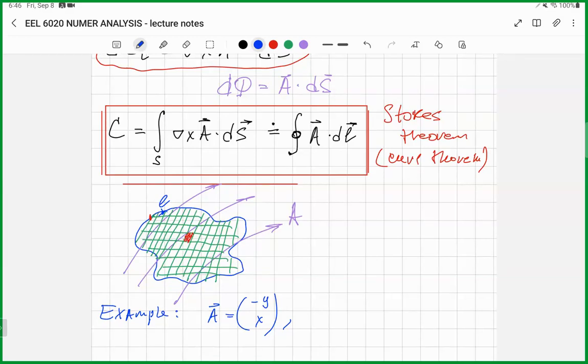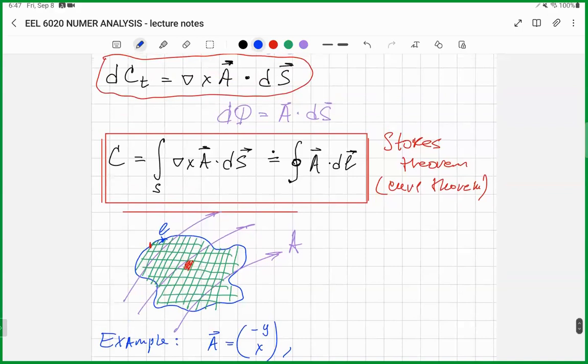Yeah, so the importance of this theorem is that instead of taking the integral over the closed path of a known vector field, you can find the curl of this field and calculate the flux of the curl through the surface, through the area encircled by this blue path.